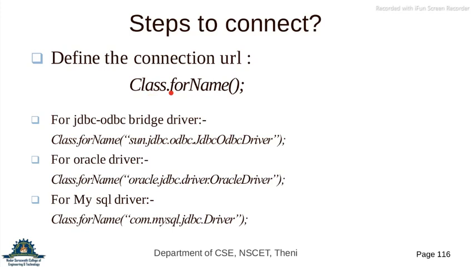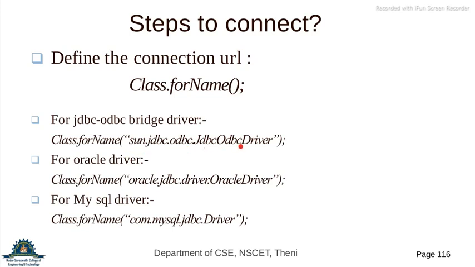In that particular class, there is a method called forName. By using this function, you can connect to any kind of JDBC-ODBC drivers. The statement for connecting the JDBC-ODBC driver is Class.forName sun.jdbc.odbc.JdbcOdbcDriver.